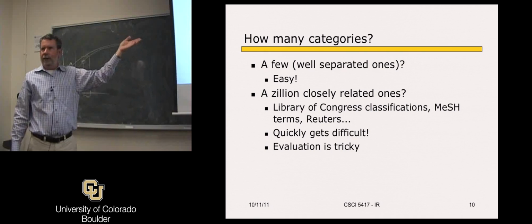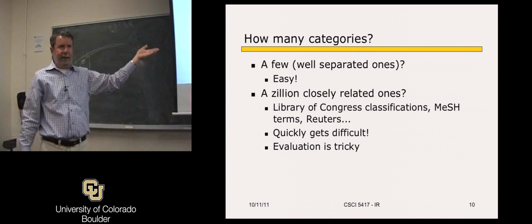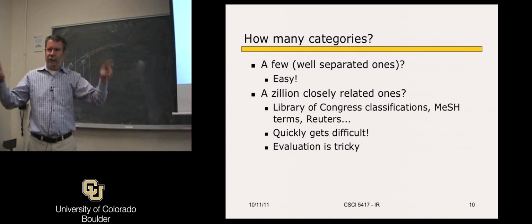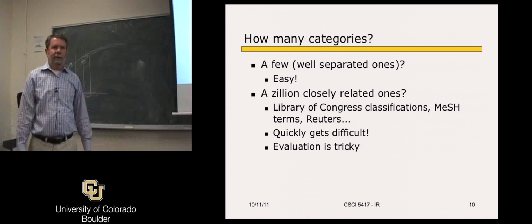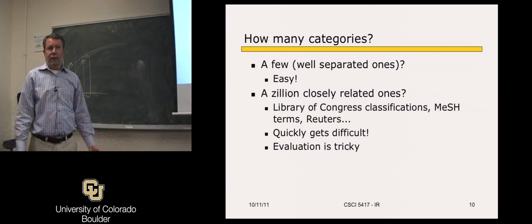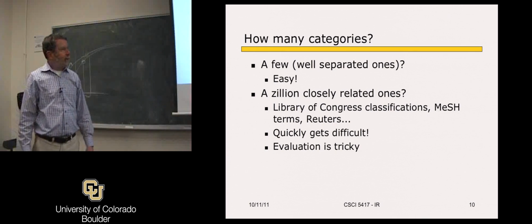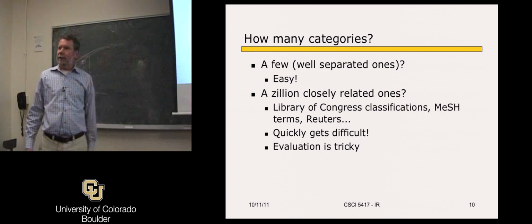I think if you actually look at the NLM page for MeSH, I think they're up to 10,000 terms now in the actual official vocabulary. Yeah, that makes things much harder, right? It makes evaluation much harder because some of these categories are not even differentiable. Yeah, so evaluation gets difficult. Everything gets tricky.